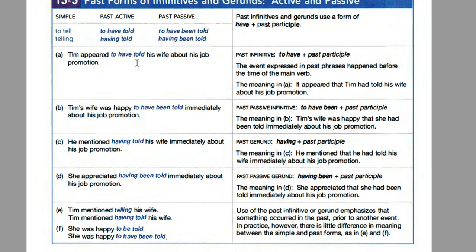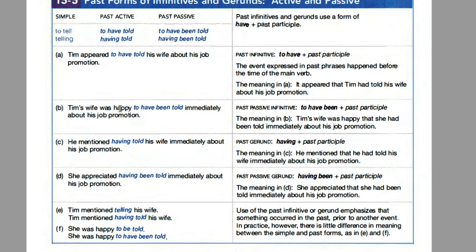So here, to have told his wife about his job promotion, he told his wife something before the action happened. But here, when he received a call or a message about the job promotion, he told his wife.